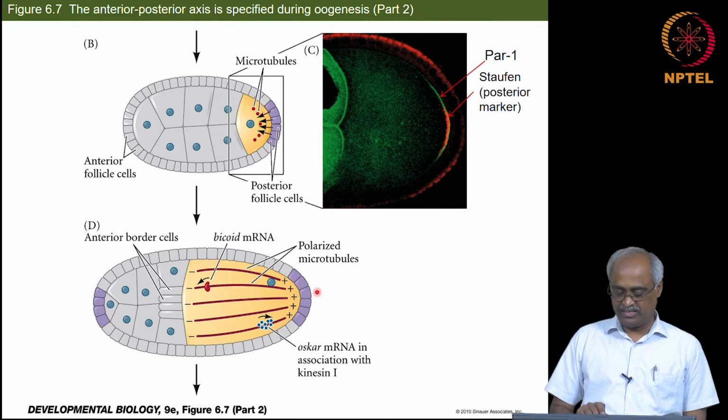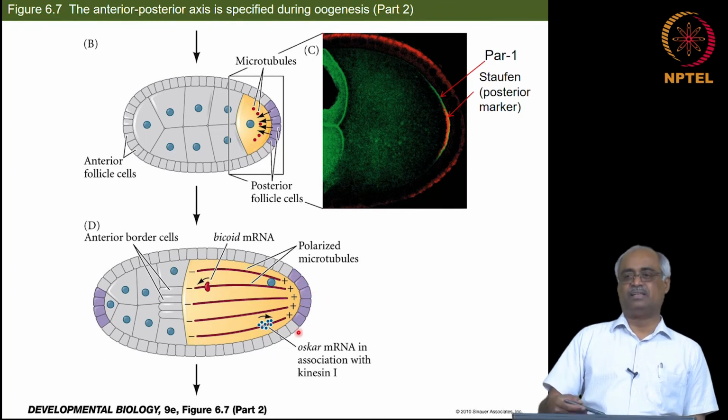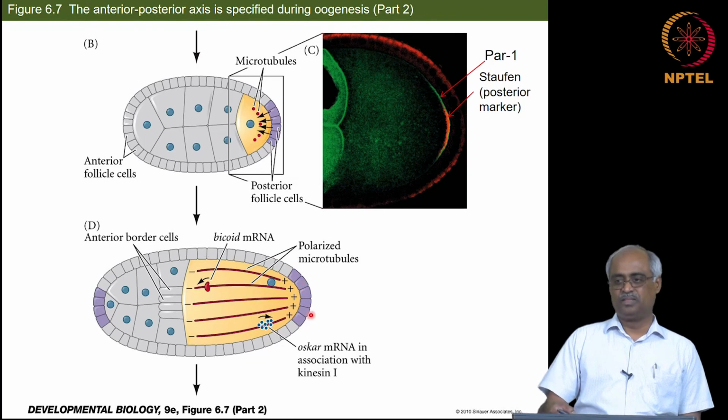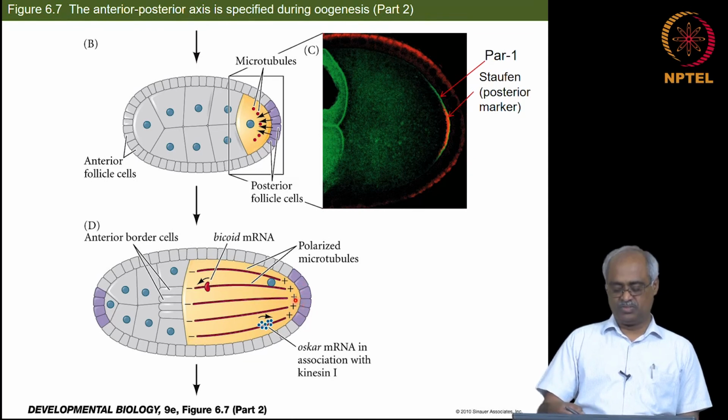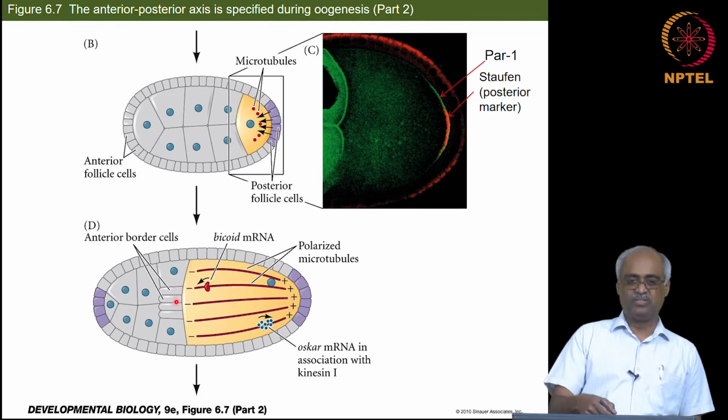The Oscar that gets to the posterior gets translated there into Oscar protein, then that again starts setting up the posterior cytoplasm called pole plasm, and this bicoid that goes to the anterior determines the anterior.